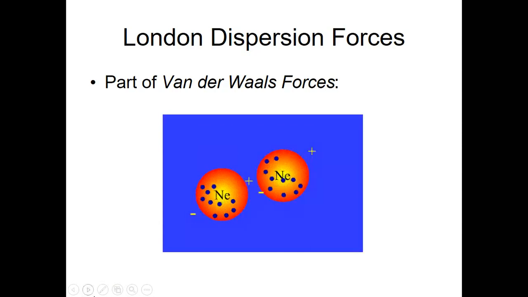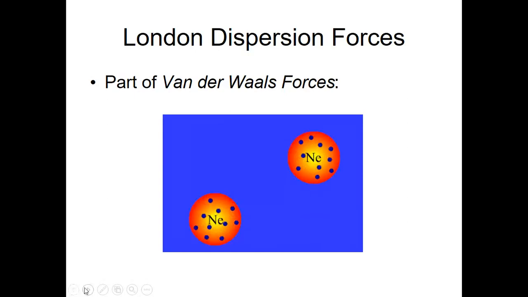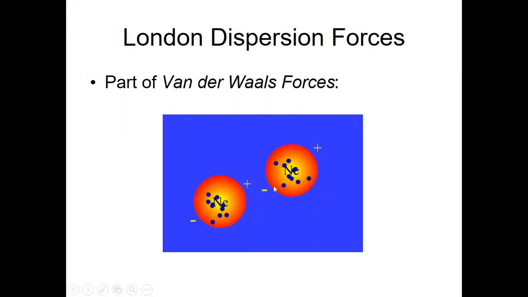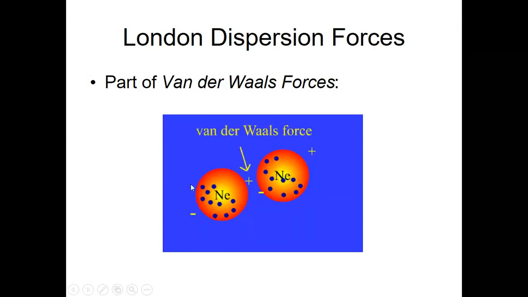So here's another animation to help you see this. Here we have two neon atoms. Initially, they are very symmetrical, but as they approach each other, the electrons are attracted. The electrons in this neon atom are attracted to the nucleus in the other neon atom. The electrons in the other neon atom are being repelled by those electrons that are moving closer.